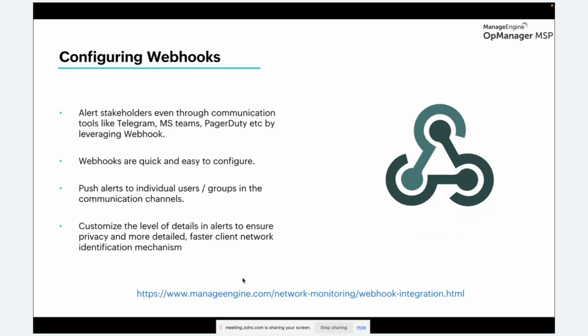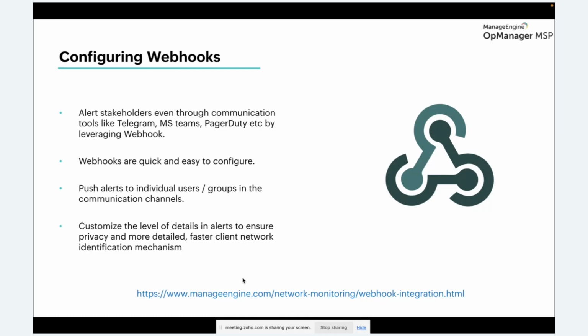This webhook feature will let you send alerts to individual users or groups in the communication channels who are responsible for handling the issues. You can easily customize the details you provide in alerts that are sent. To not only ensure privacy, you can be more specific to ensure faster client network fault identification as well.